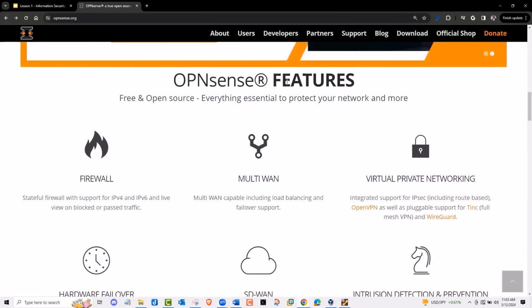But if I go back to the features for just a second, look at this. This OPNsense can work as a firewall.